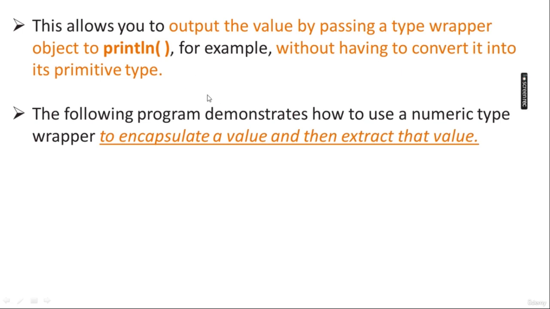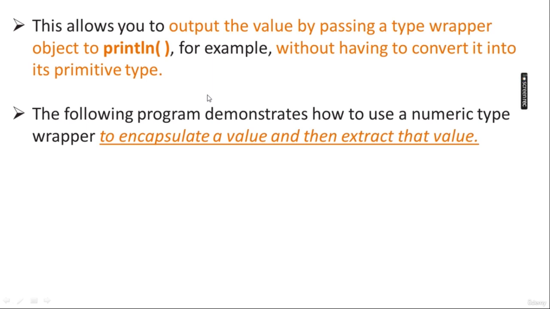They have already extended and overridden the toString method. By using that method, they print the value in string format, so that when you are printing your wrapper class value, it will display it without having to convert it into a primitive type, directly using the wrapper class object.